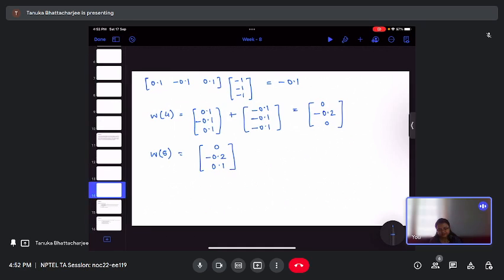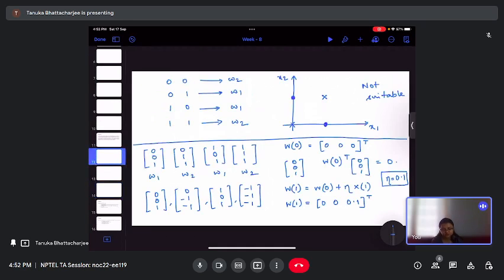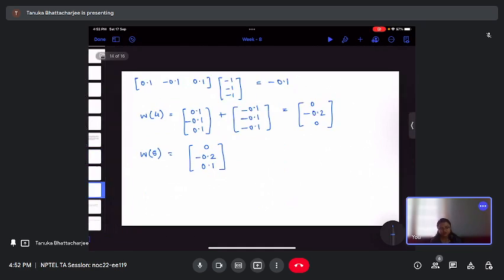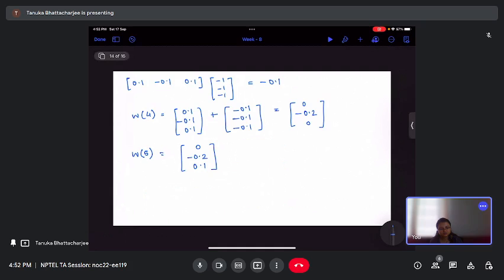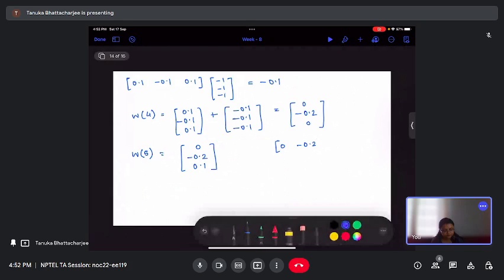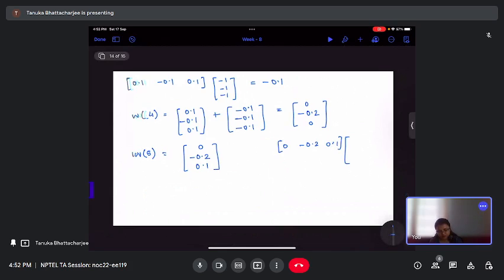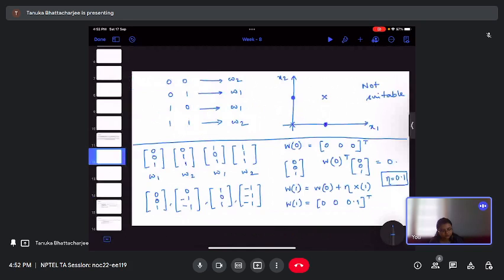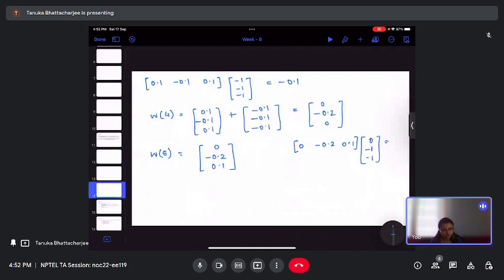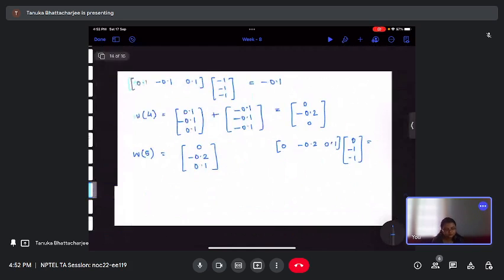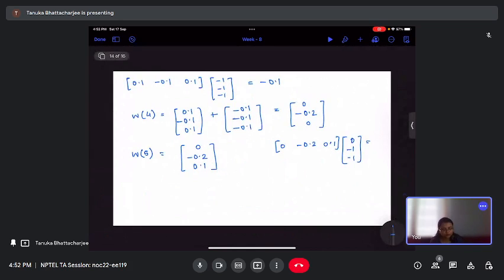Now, take the next example, which is 0 minus 1 minus 1. If you take the product, so you have 0 minus 0.2, sorry, 0.1, and you take it with 0 minus 1 minus 1, you get 0.1.